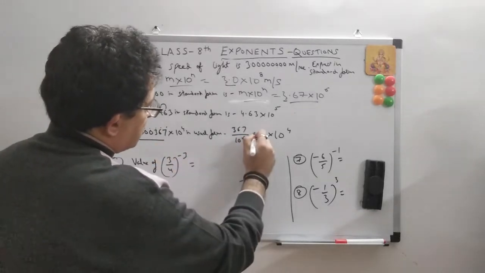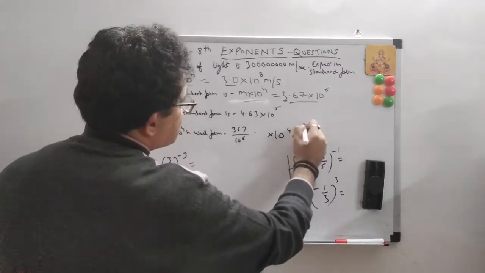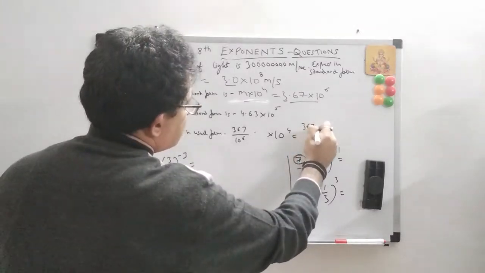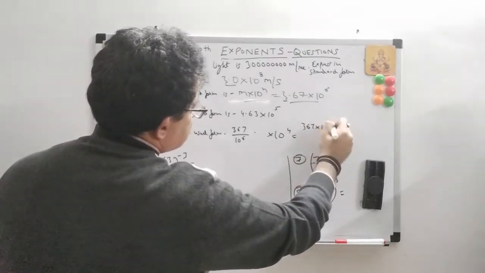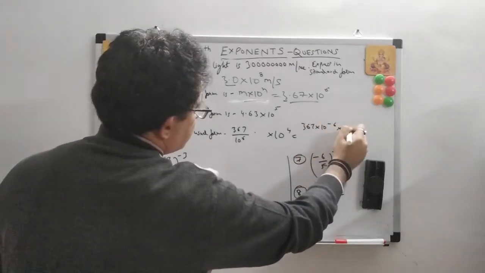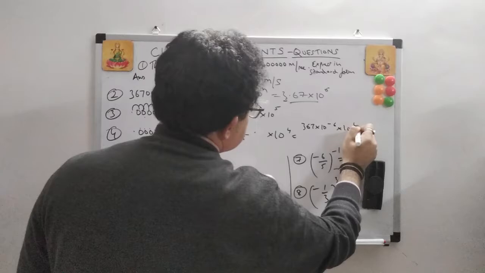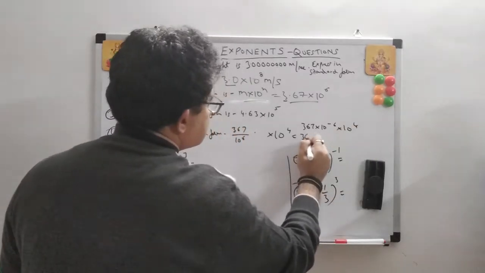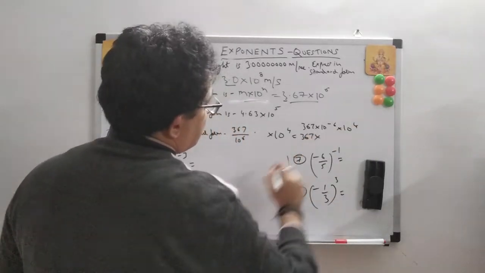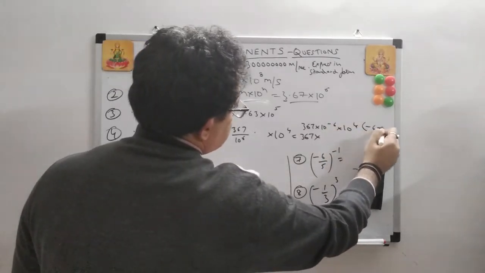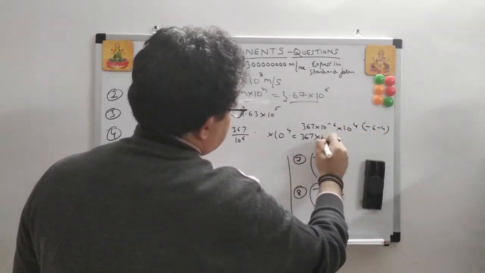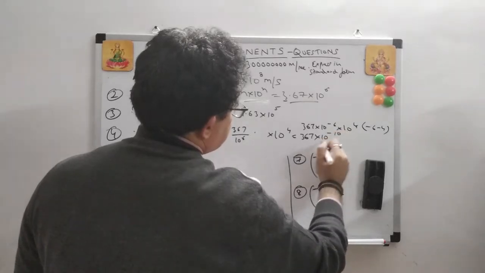So this can be written further as 367 into 10 to the power minus 6 into 10 to the power 4.